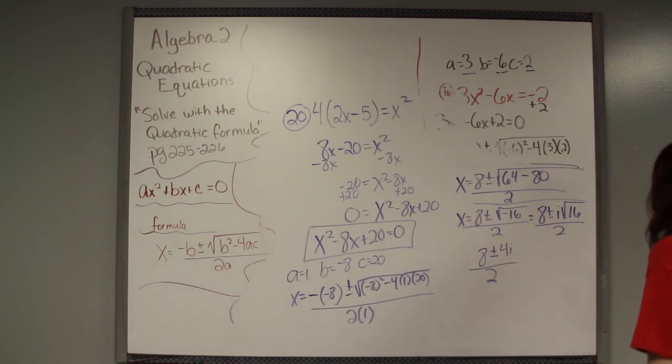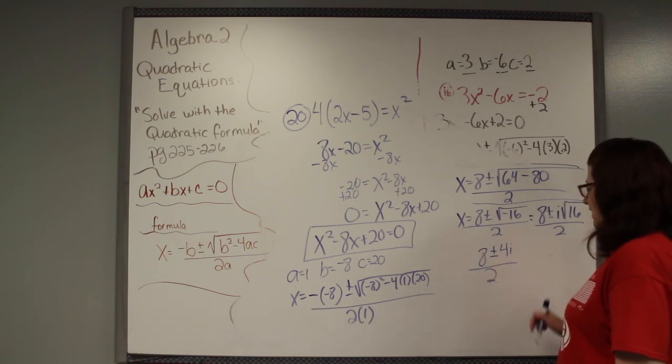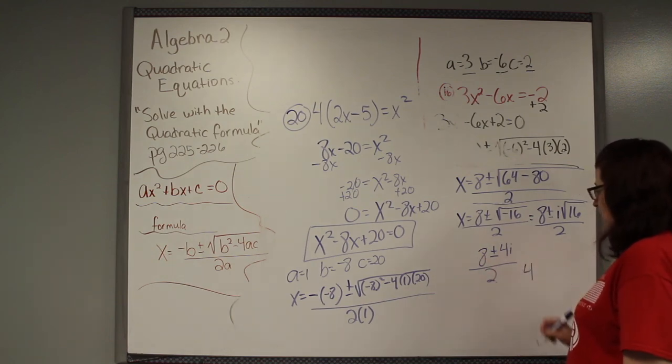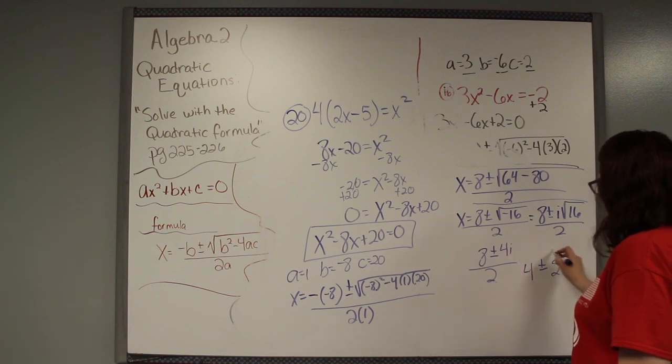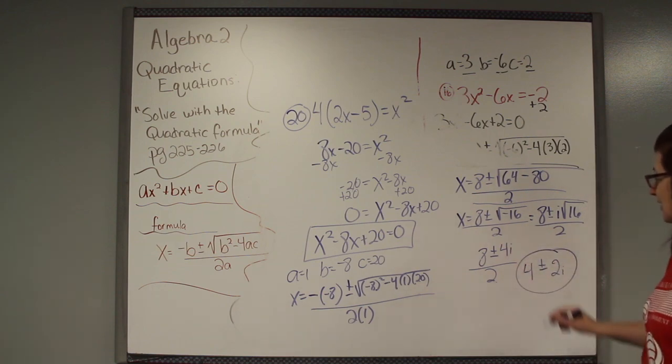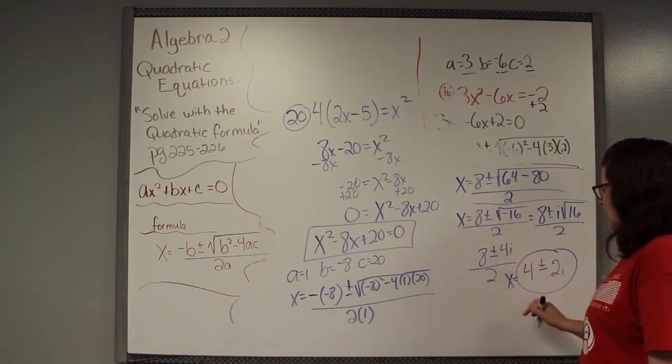And then 2 goes into 8 4 times, and 2 goes into 4 2 times. So we are left with just this. Now that's what x equals.